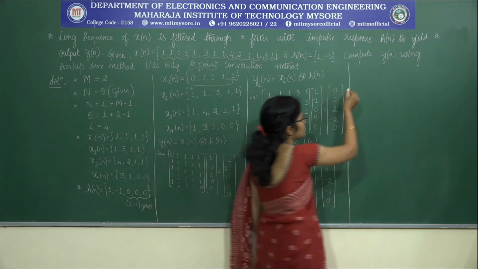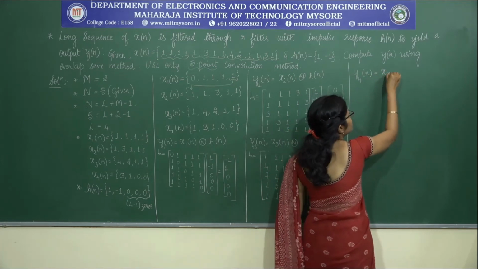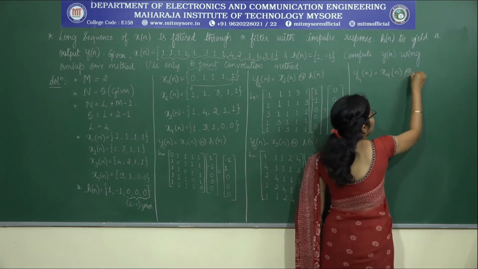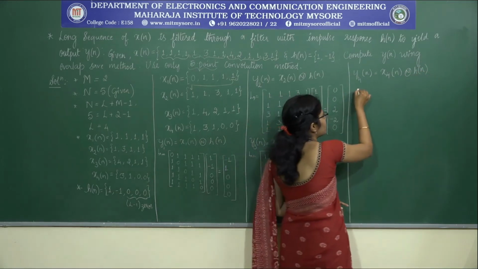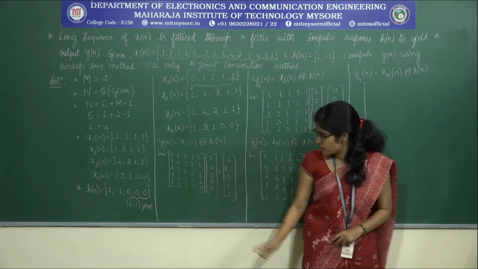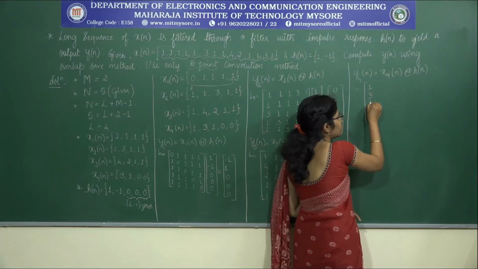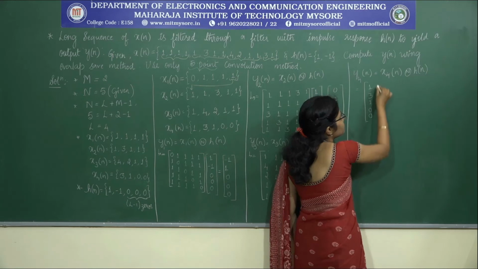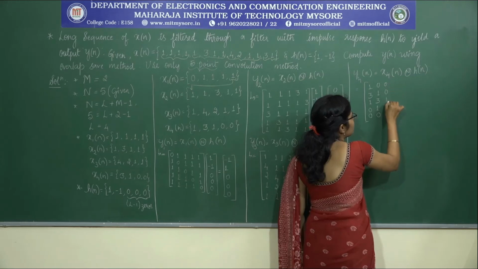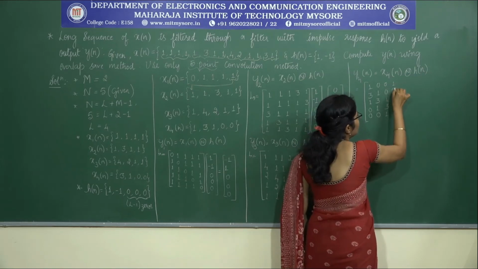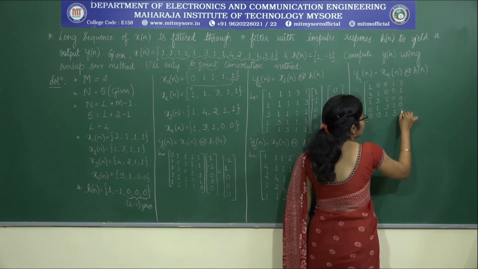Now I need to find out the last output sequence y4 of n, which is nothing but equal to x4 of n circular convolution with h of n. Okay. So what is x4? So x4 is nothing but it is here 1 3 1 0 0, 1 3 1 0 0. So shifting 0 1 3 1 0, 0 0 1 3 1, 1 0 0 1 3, 3 1 0 0 1.